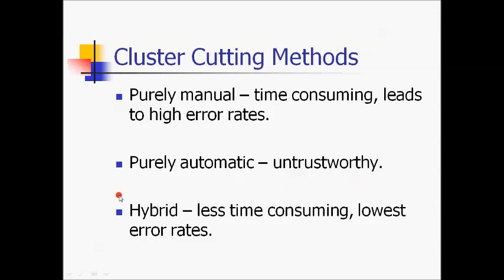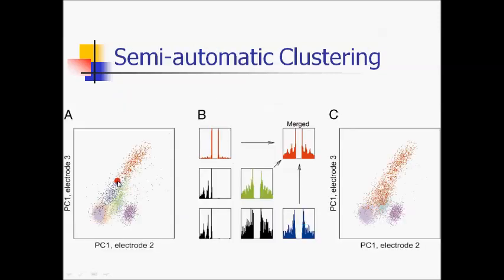So for that, the best model so far is to do a hybrid model where the computer will do initial clustering and humans later will correct and see how correct the computer's job is. So it is a really good time saver and also improves quality. And this is how we are doing this here.